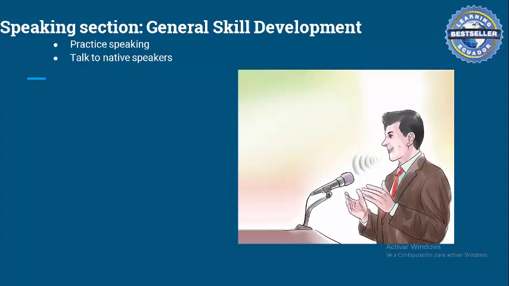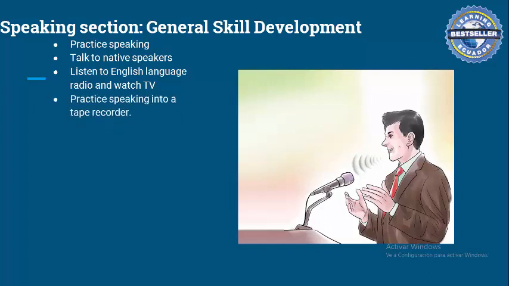Talk to native or fluent English speakers and ask them if they understand you. Listen to English language radio and watch TV. Try to match your pronunciation after what is heard. Practice speaking into a tape recorder, then listen to the response to improve clearness.